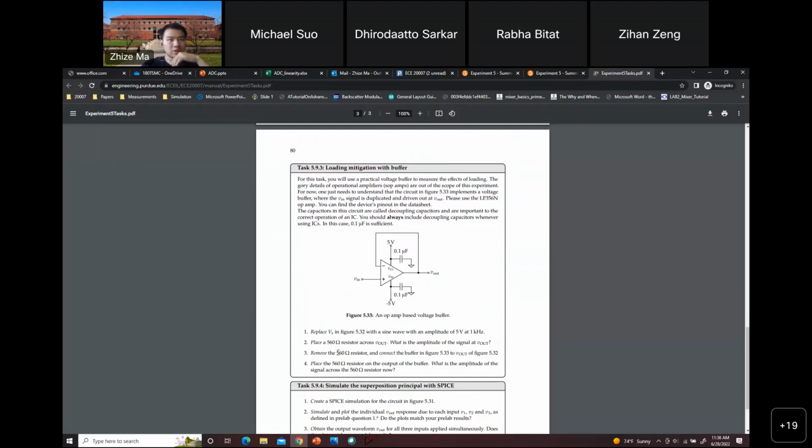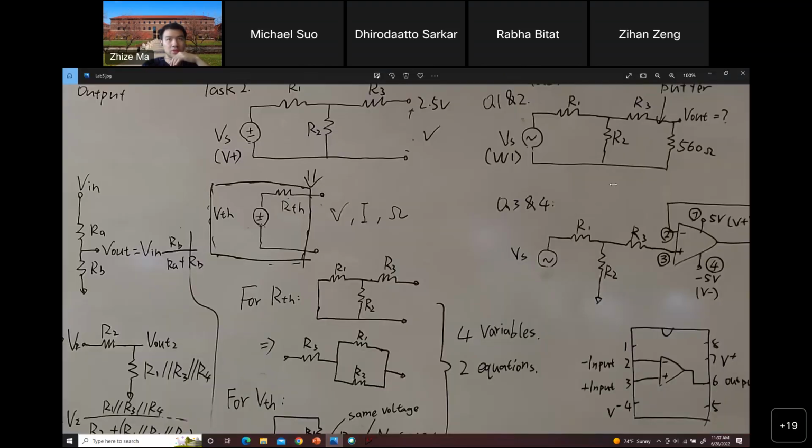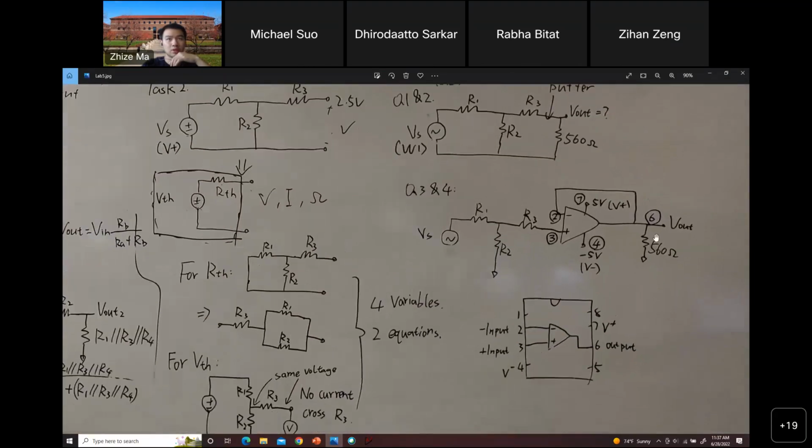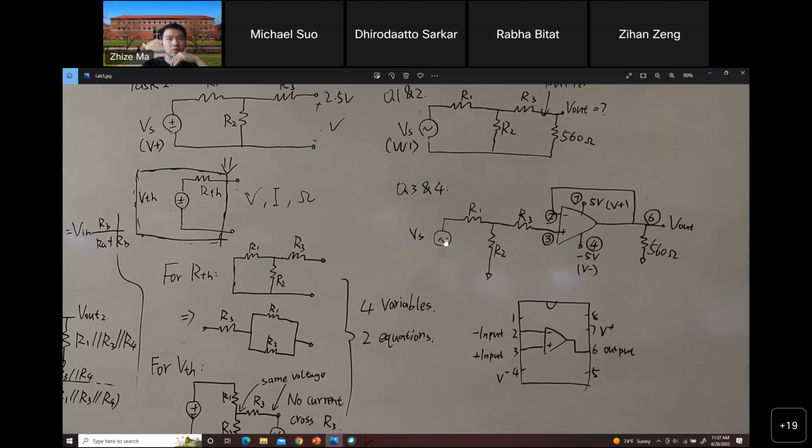Then after that, you will remove the 560 ohm resistor and connect the buffer in between. So what the circuit looks like is something like this. You see VS, R1, R2, and R3 is the circuit from your task 2. So this part is everything from task 2.